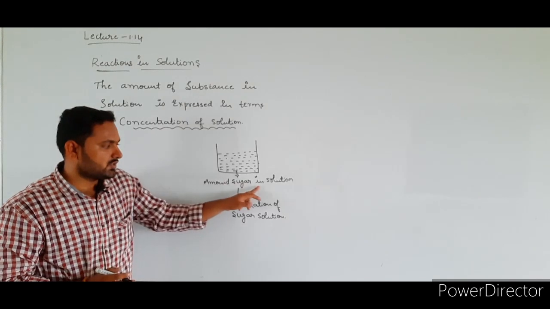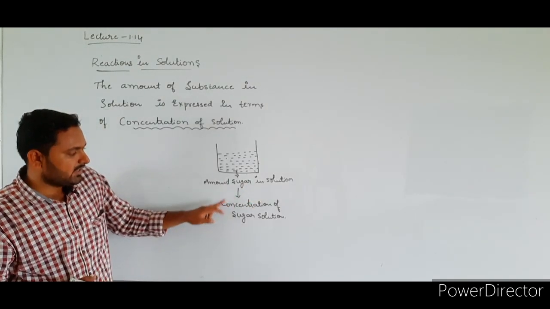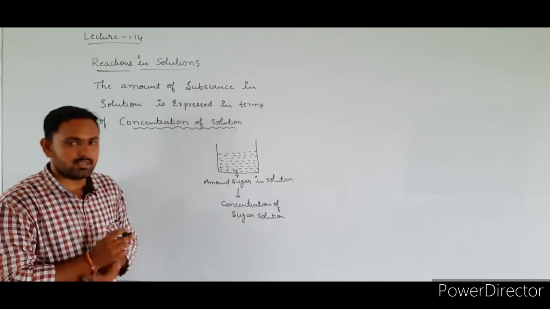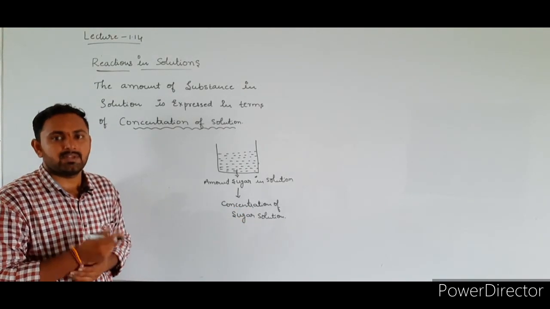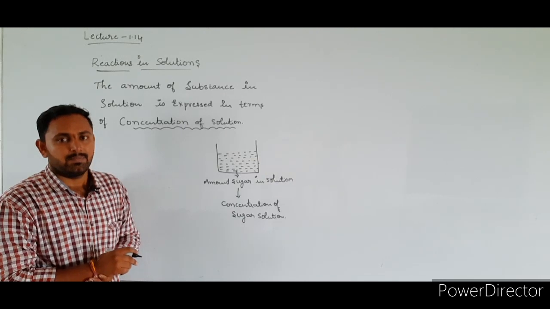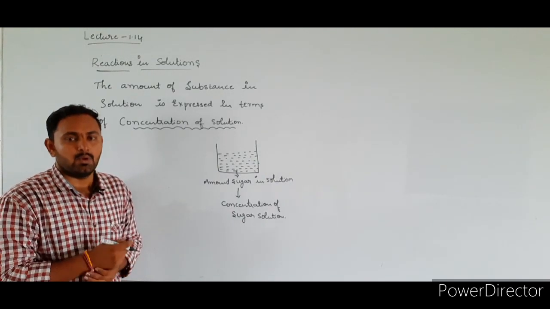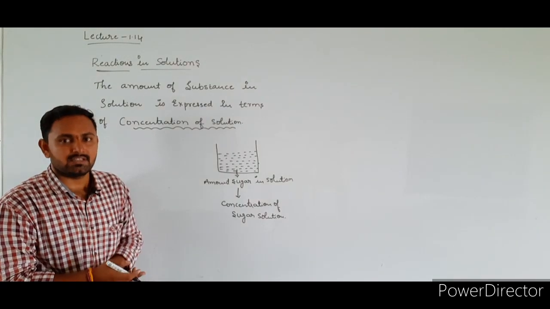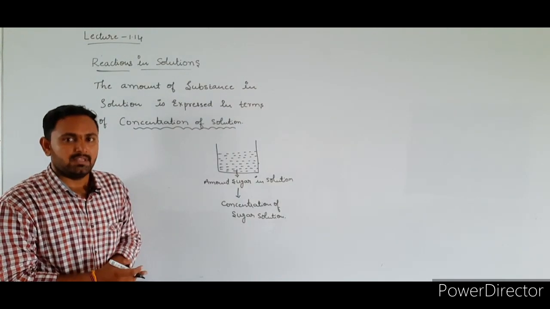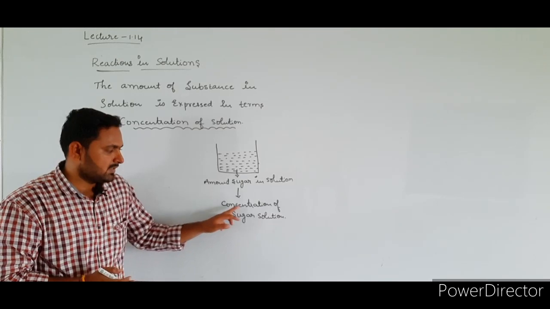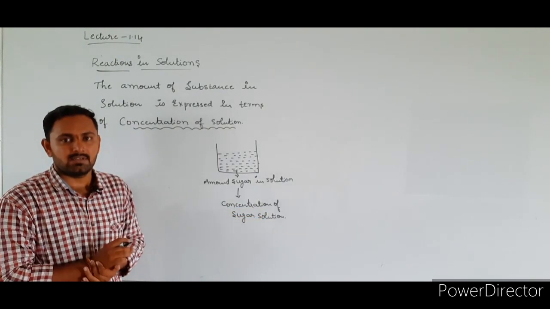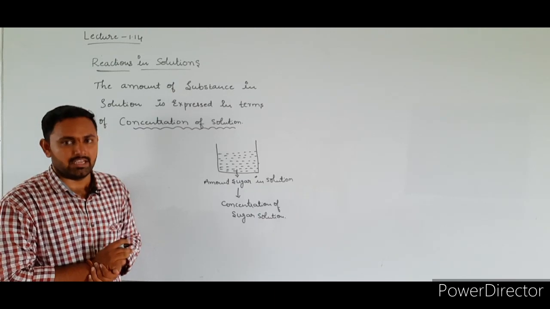When it is in solution form, it is expressed as concentration of sugar solution. The concentration can also be expressed in different ways: molarity, normality, mass percentage, mass by volume percentage, ppm. There are different methods to express concentration of solution, but for your syllabus, only 4 methods are given.